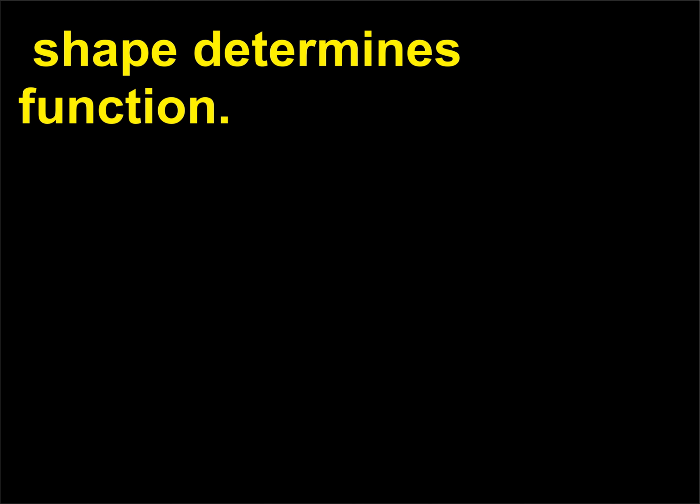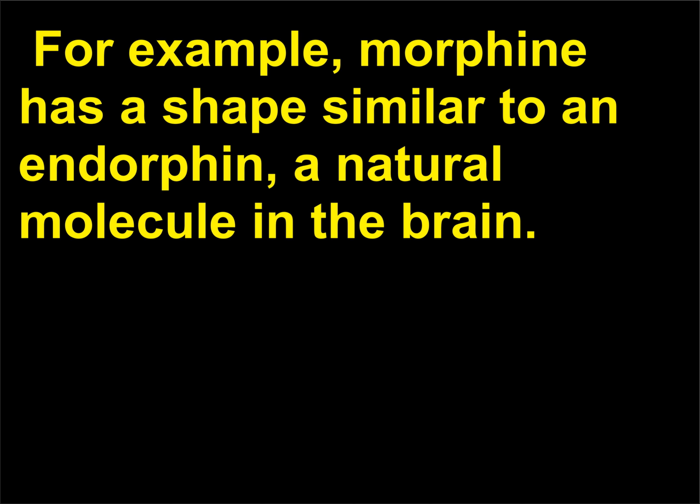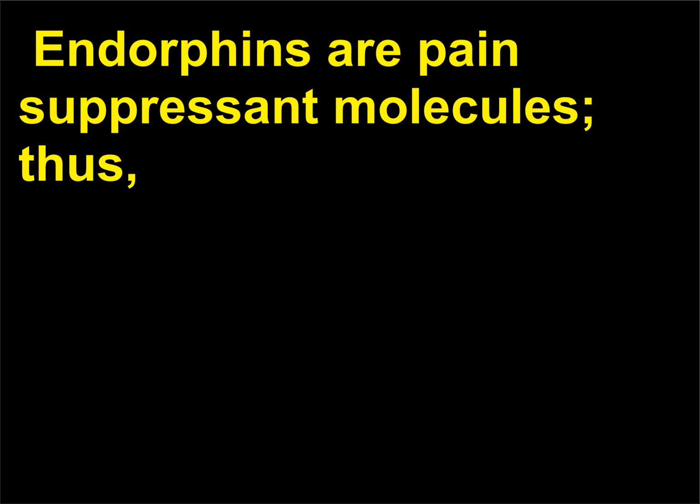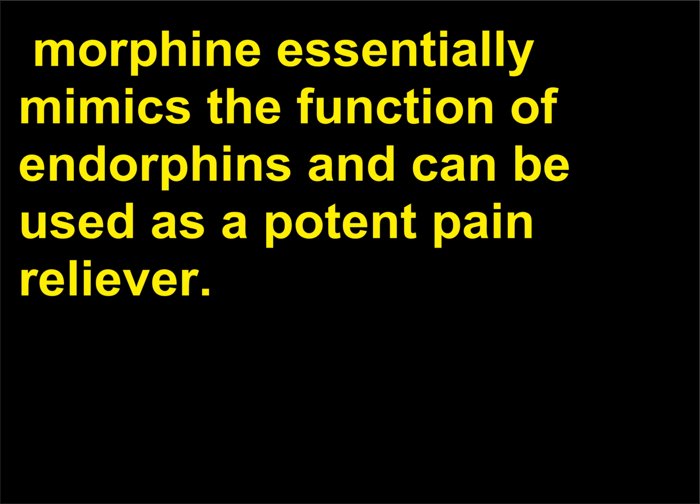Shape determines function. For example, morphine has a shape similar to an endorphin, a natural molecule in the brain. Endorphins are pain suppressant molecules, thus morphine essentially mimics the function of endorphins and can be used as a potent pain reliever.